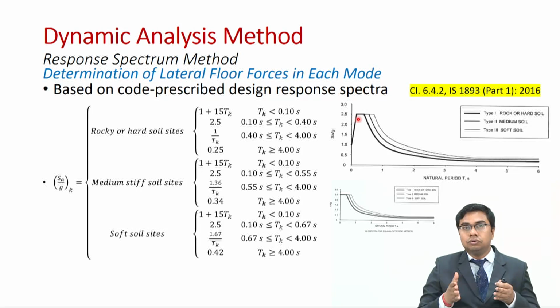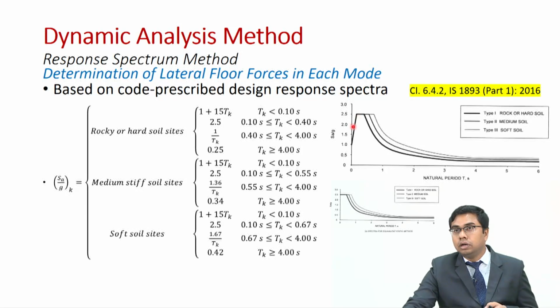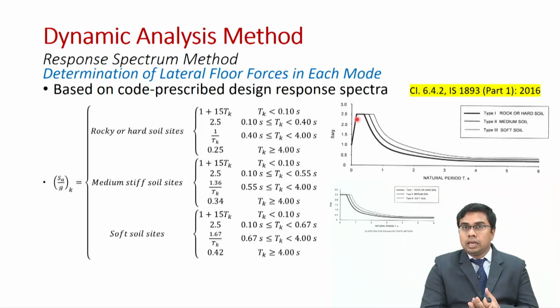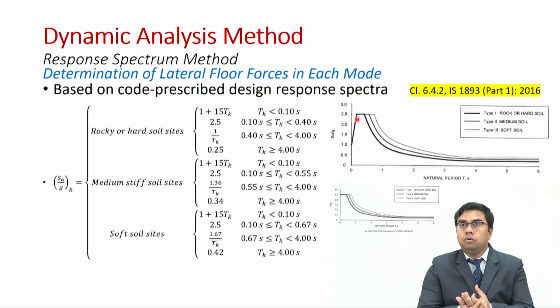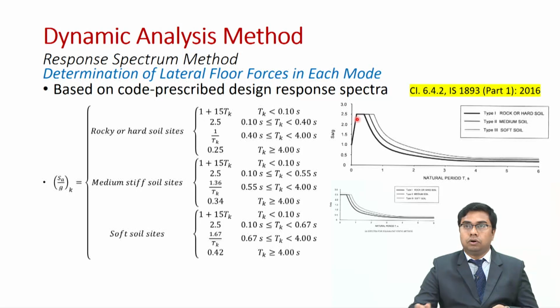It takes into consideration various modes of oscillation, and therefore we give some relaxation in the calculation of design seismic force for extremely stiff structure. Since it will move in tandem with the ground, there shall be lesser force which you need to design the structure for.